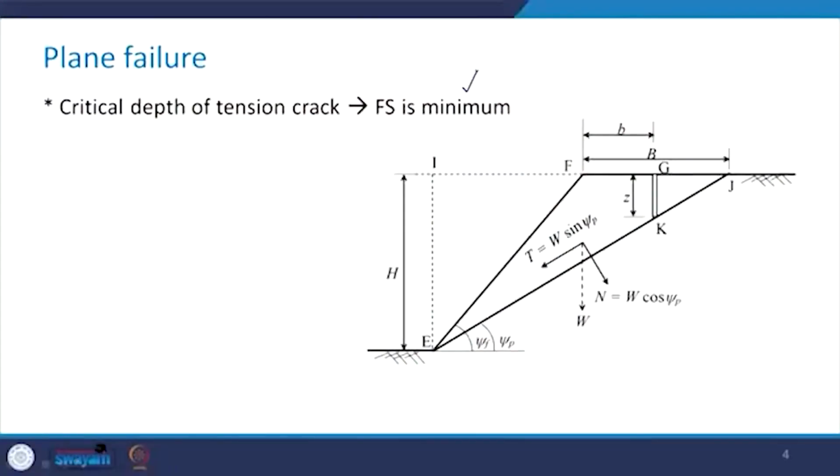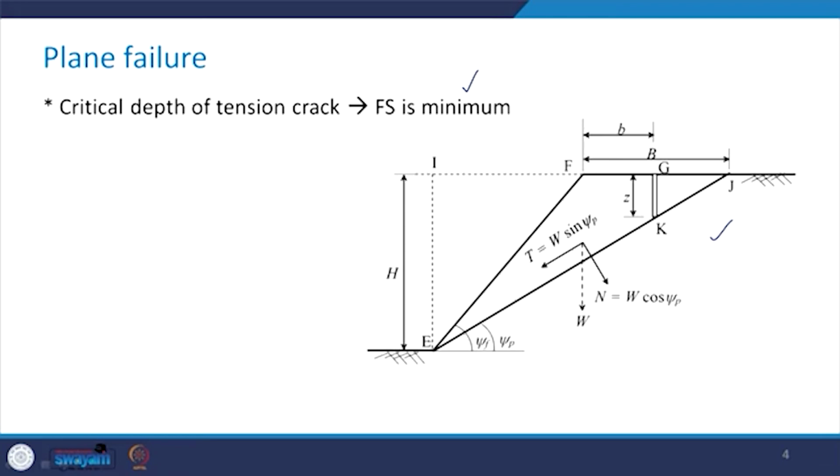Now, for a critical depth of the tension crack, this factor of safety will be minimum. So, our aim in this analysis is to find the expression for this minimum value of the factor of safety. Now, take a look at this figure and try to understand the geometry.